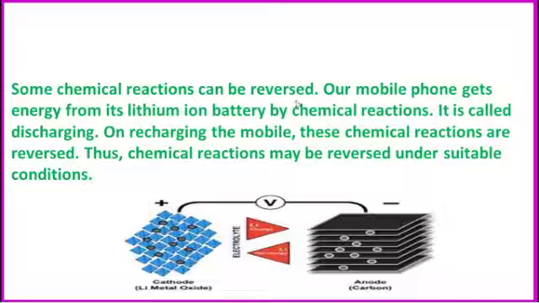Some chemical reactions can be reversed. Our mobile phone gets energy from its lithium-ion battery by chemical reactions. This is called discharging. On recharging the mobile, these chemical reactions are reversed.